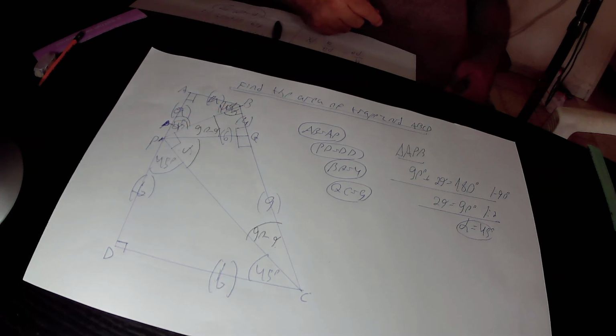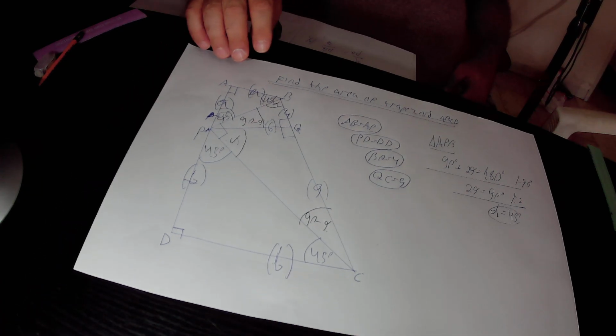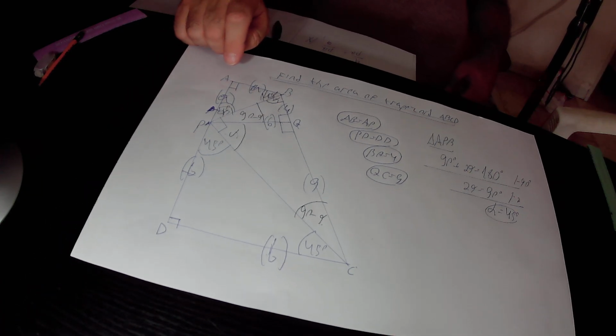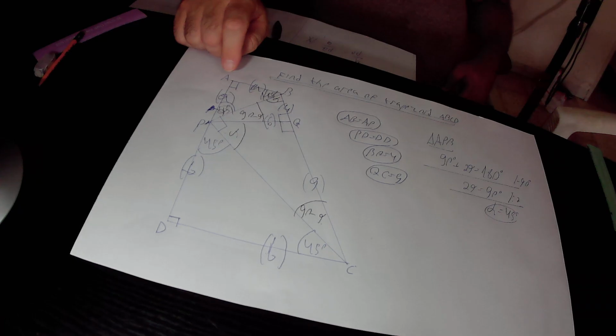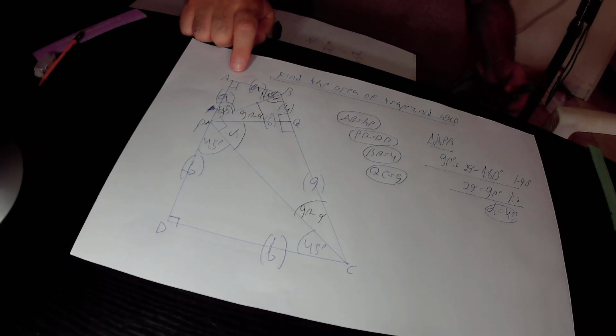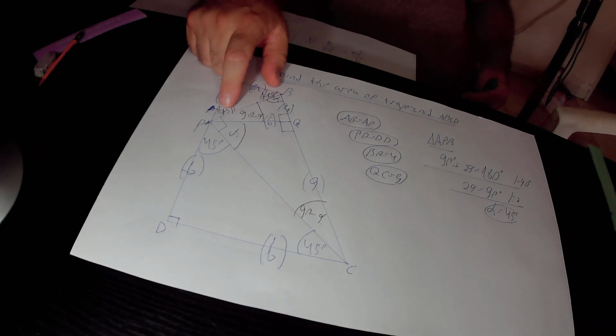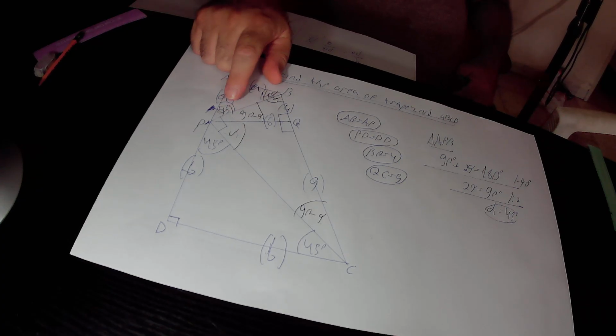Okay, so I can conclude that whenever you have a right triangle that is also an isosceles triangle, then one angle is a right angle, and the two other angles are equal to each other, and the size of each angle is 45 degrees.